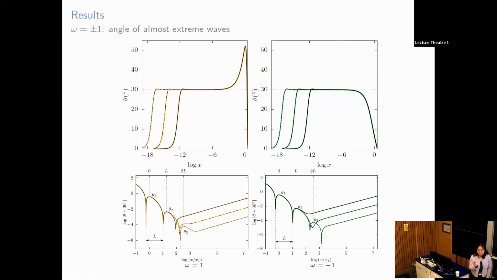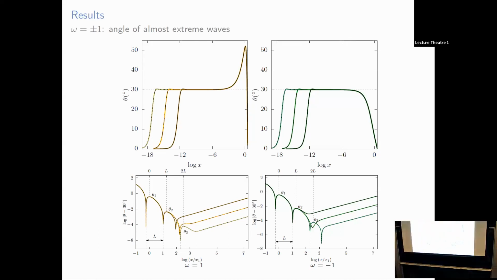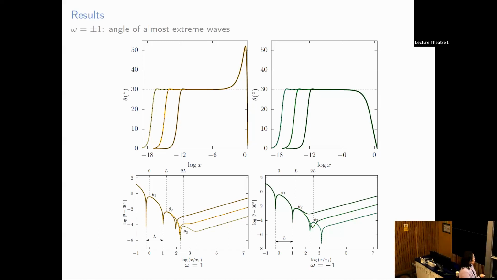And another more subtle effect of vorticity is, well, what this suggests is that, at least at leading order, the vorticity does not have any influence in describing the near crest behavior. But it does come into the next order because it changes the curvature. And because of that, we have to get much closer to the extreme wave to resolve many oscillations.